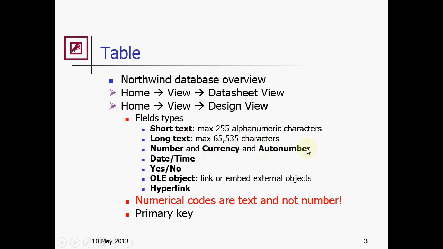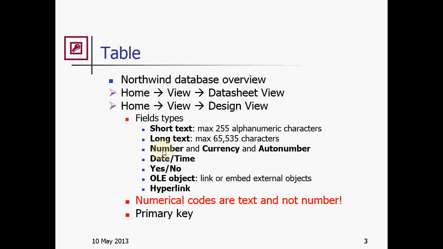Okay. Auto number. Auto number is simply a number, but which is automatically incremented by 1 whenever you insert a new record. It's the typical choice for ID. Do you remember the ID? The ID was a consecutive number, incremented by 1 whenever you insert a new record.